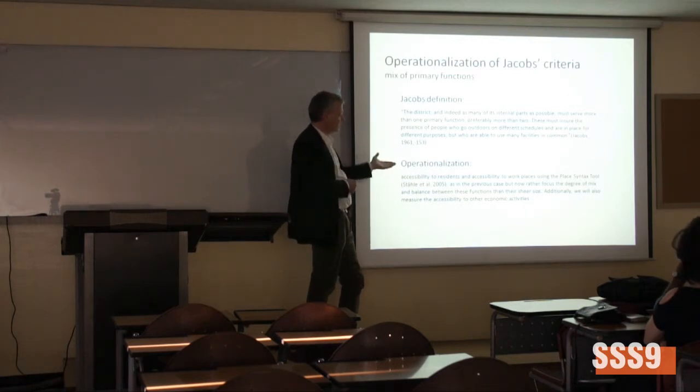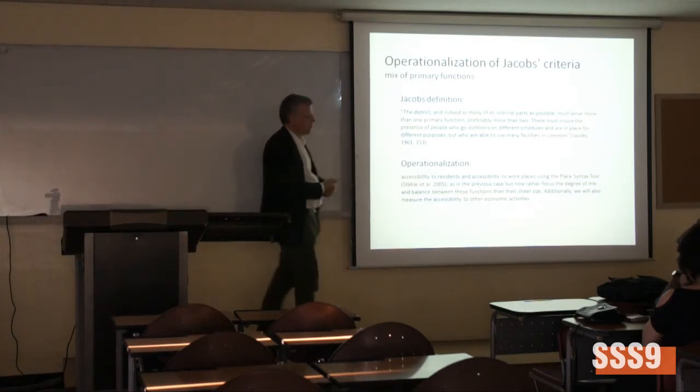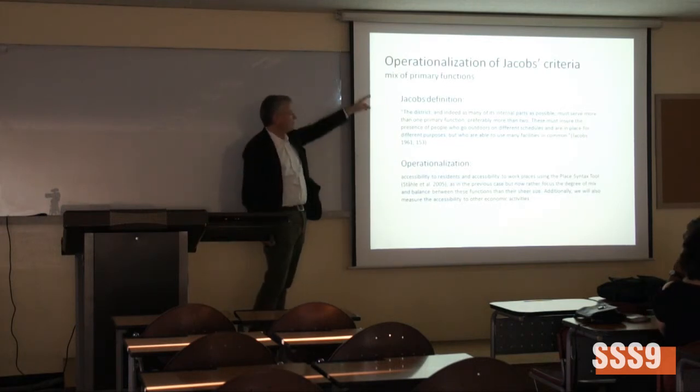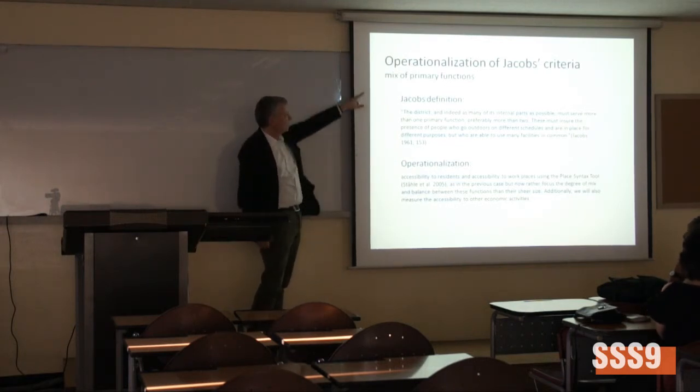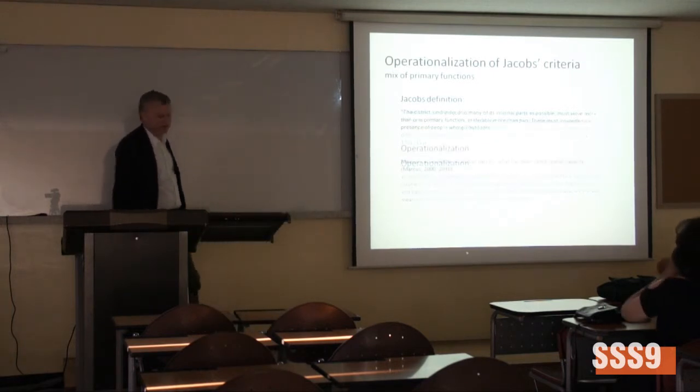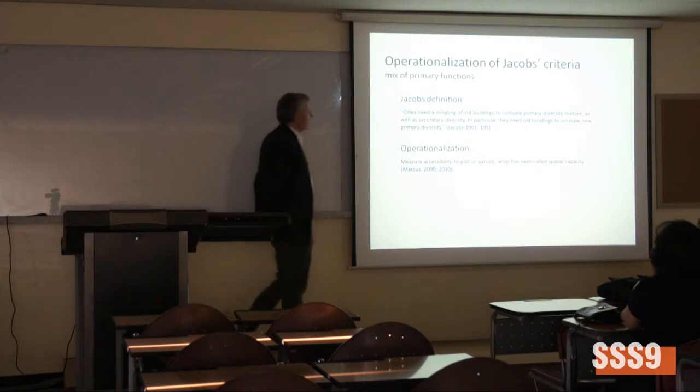Not only the accessibility to workplaces or to residents, but to what degree do we access a mix of these two? And that is what we see as the operative translation of Jacobs' idea of mix of primary functions. Rather simple.